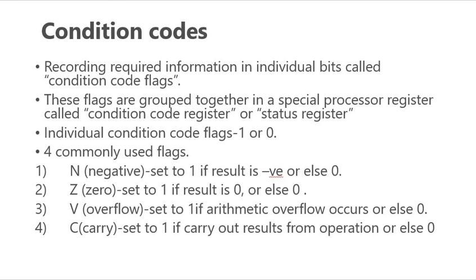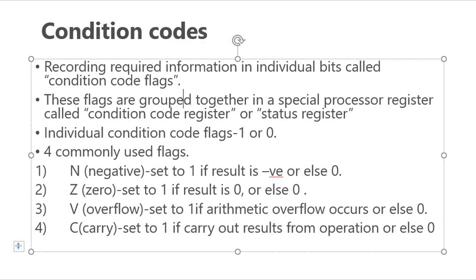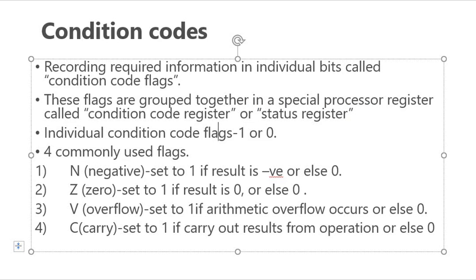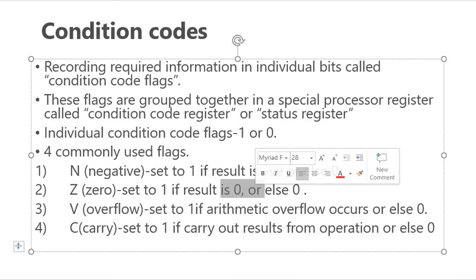Next, there are condition codes. Individual bits like zeros, ones, or negative results can be stored in special processor registers, which are condition code registers or status registers. There are four commonly used flags for condition codes. N, negative, is set to 1 if the result is negative, else 0. Z, zero, is set to 1 if the result is 0, else 0.